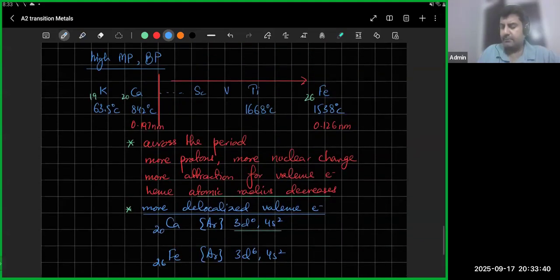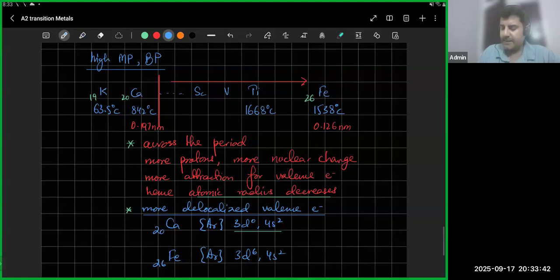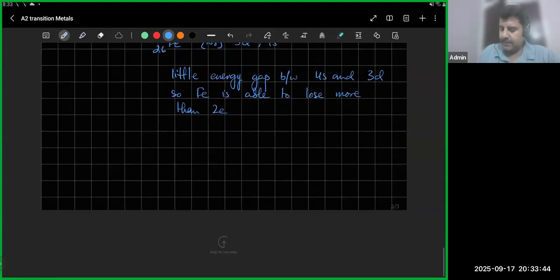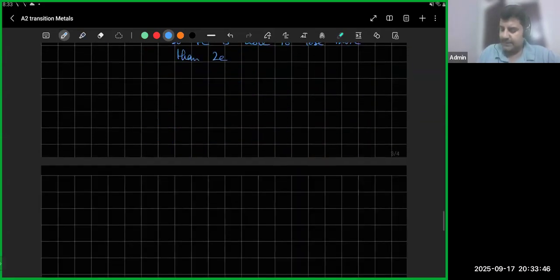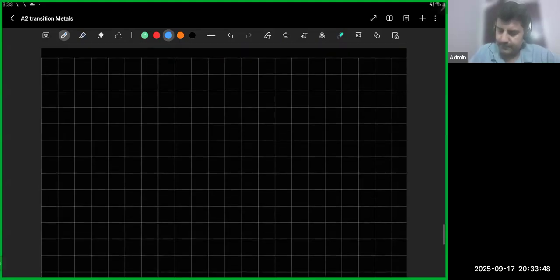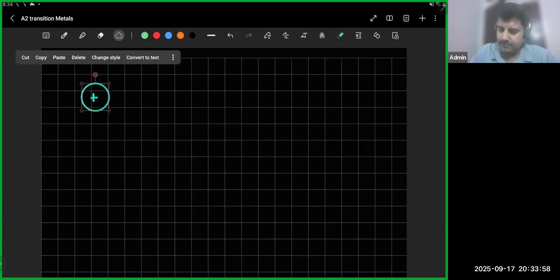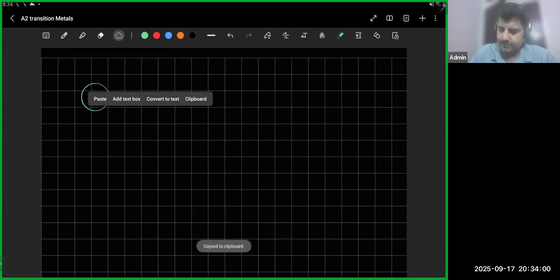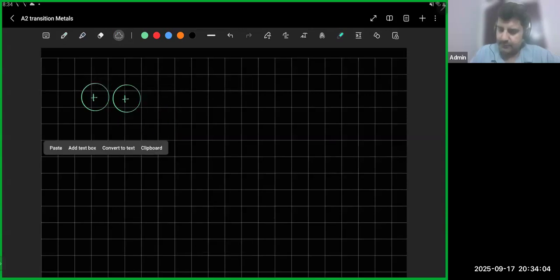So I'm going to come to the bonding now. Okay, why do they have high melting and boiling points? So first thing is calcium is bigger in size. So the giant metallic lattice for calcium will be forming positive ions, and its metallic lattice would look something like this.